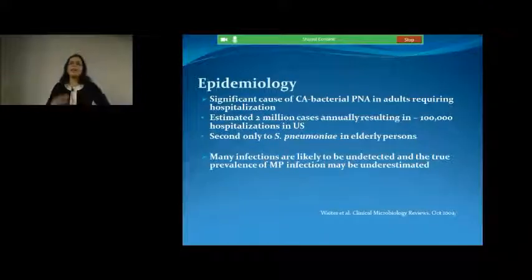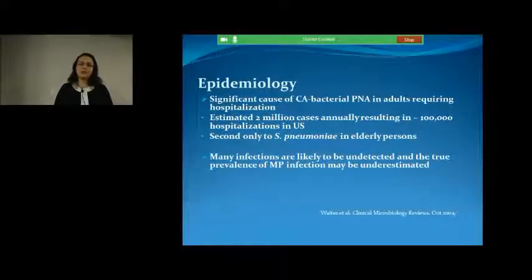However, because many of the infections are mild, because of the similarity of the presentation of Mycoplasma pneumoniae with other infectious etiologies of pneumonia, and also because there is a lack of a reliable point-of-care test to confirm the diagnosis of Mycoplasma infection, it is believed that many infections are likely to go undetected, and the true prevalence of Mycoplasma pneumoniae infection may be underestimated.